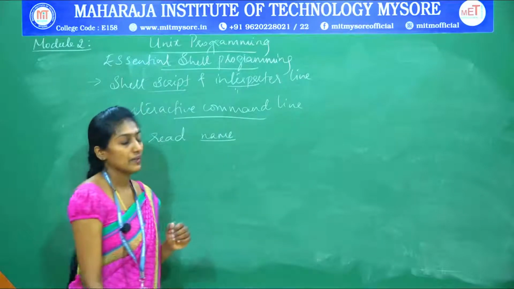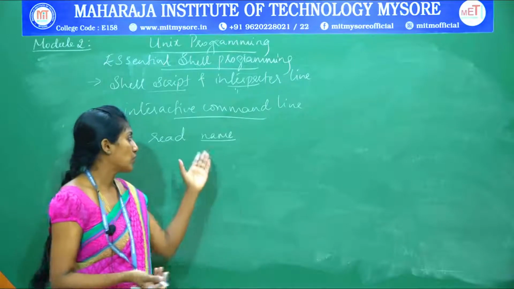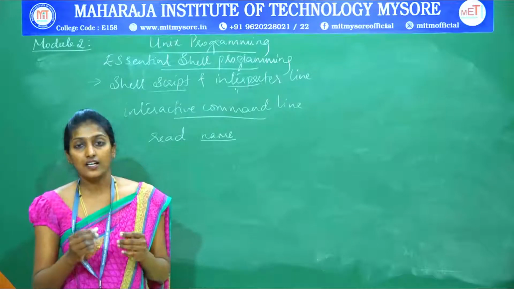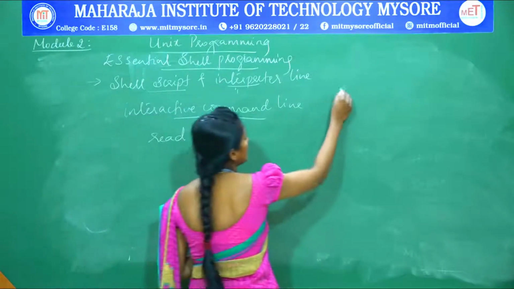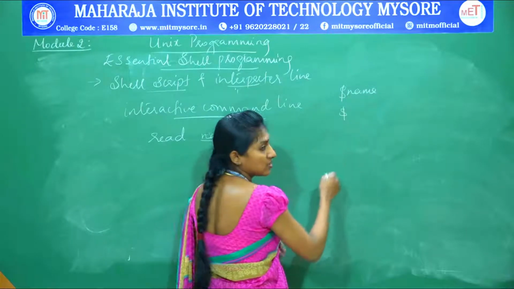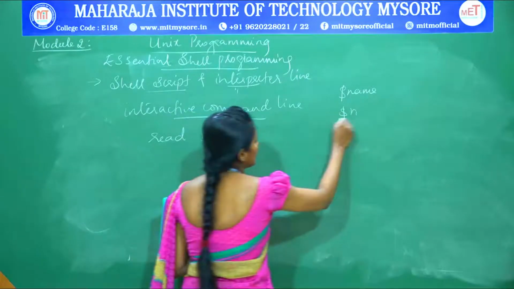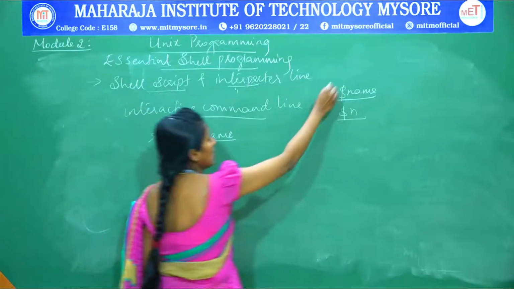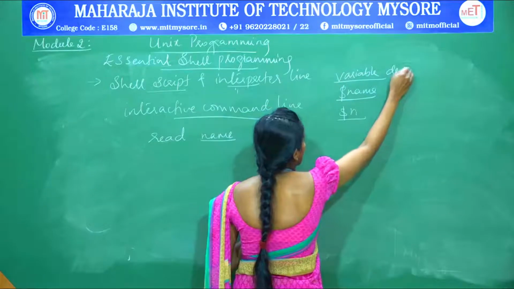Name is nothing but any input variable name which you are going to give. One more thing: a variable within the shell script is always referenced as $name for storing a string, or $n for storing a number. So this is the variable representation within the shell. So this is variable declaration.